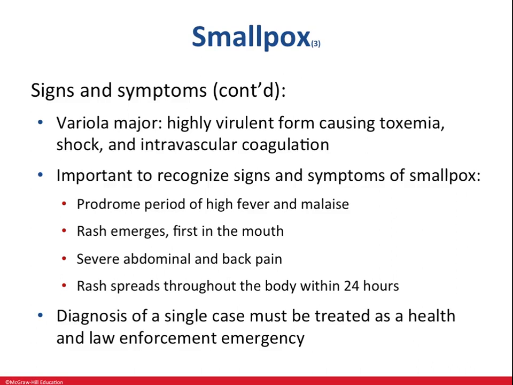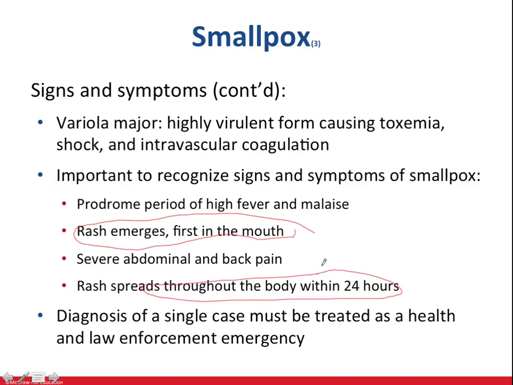So we can make the diagnosis based on the symptoms, such as fever, malaise, rash, okay. So the rash is very specific, okay. Because the rash first emerges in the mouth, in the pharynx, and then spreads to the trunk and extremities. So the spread happens within 24 hours. It's very fast, okay.